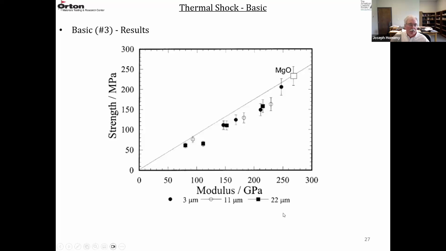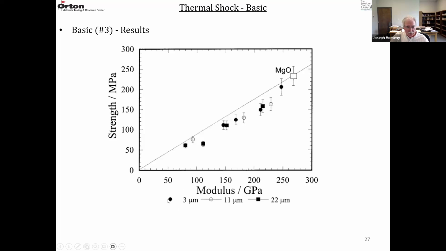So they created a microcrack microstructure, and you can plot strength versus modulus, and they both follow the same trend, so they should fall along a straight line. This is MgO without any spinel. It should be the strongest.